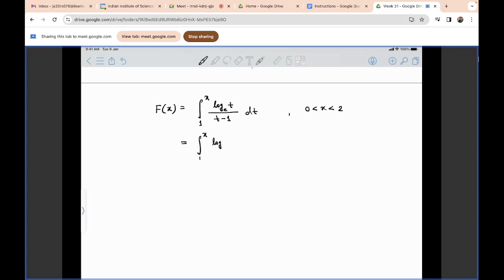We write log in the form log of 1 plus (t minus 1), because the numerator has t minus 1, divided by (t minus 1) dt.